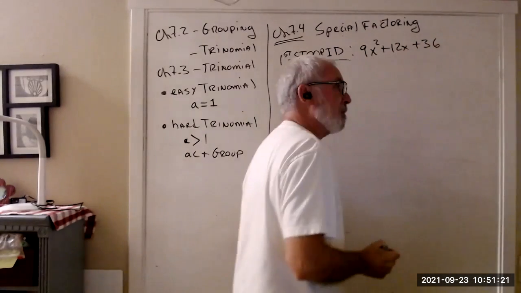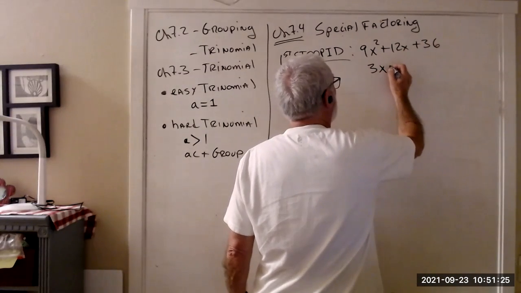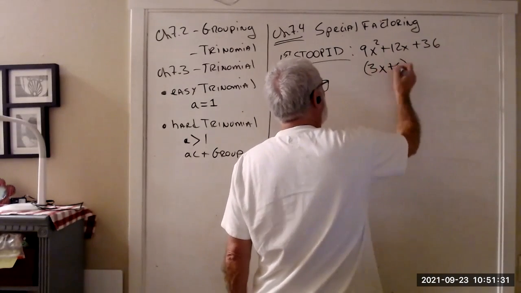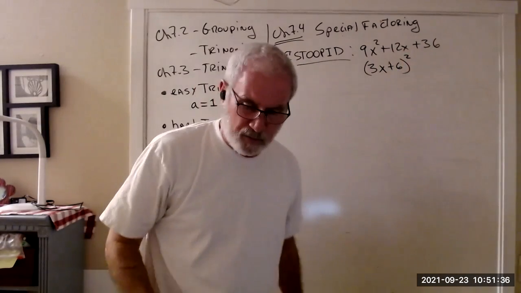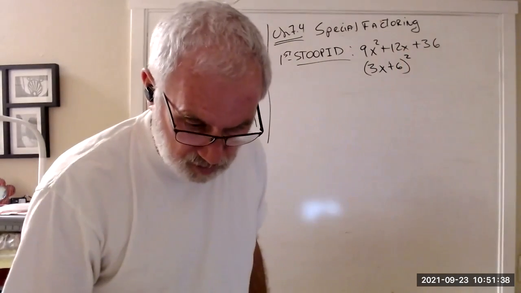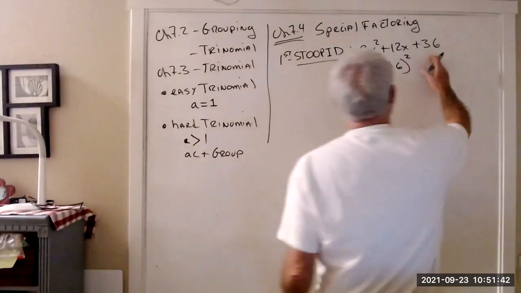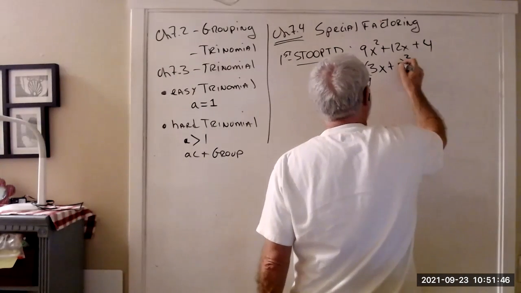We did that problem, and it turned out to be 3x plus 6 quantity squared. Is that what we got? I don't remember exactly what it was. Anybody remember? Oh, no, plus 4, you're right. So 3x plus 2 quantity squared. Remember that?